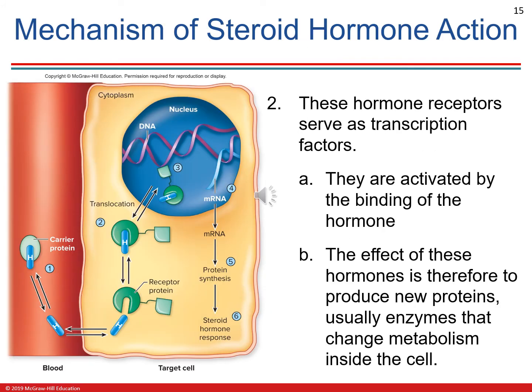Let's visualize the mechanism of action of the steroid hormone. That steroid hormone, as I mentioned before, in the case of sex hormones that are also produced in the adrenal cortex, is released in the bloodstream. Nothing different so far.